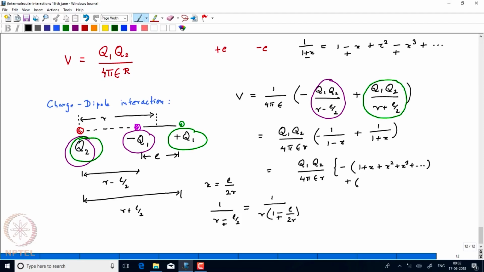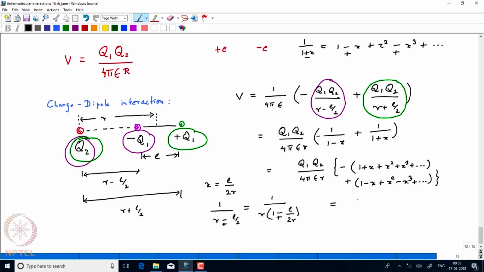And then the second term is the 1 by 1 plus x, so I'll have 1 minus x plus x square minus x cube plus this way. This is also another series. So what we see here is that we can take the leading order term, and this 1 will cancel the first term. The leading order term will be minus x, which is basically minus 2x.